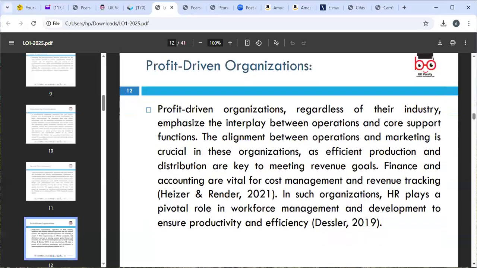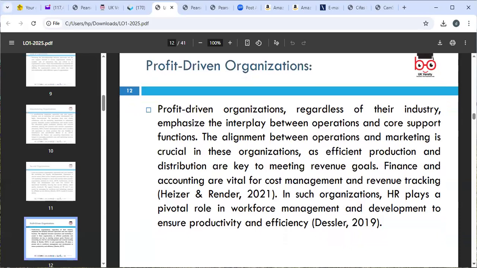Profit-driven organizations, regardless of their industry, emphasize the interplay between operations and core support functions. The alignment between operations and marketing is crucial in these organizations.